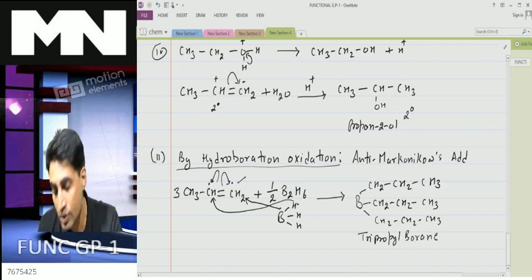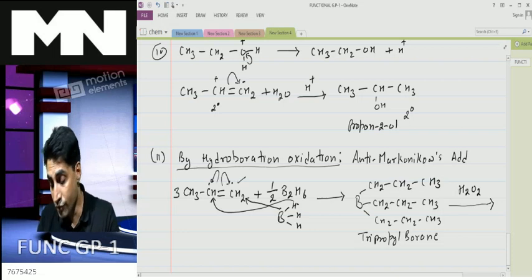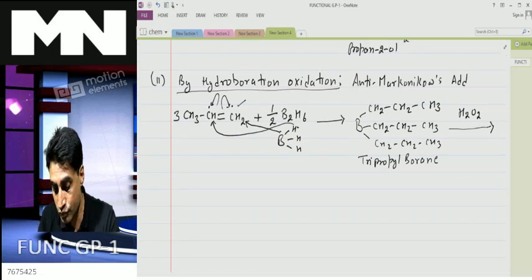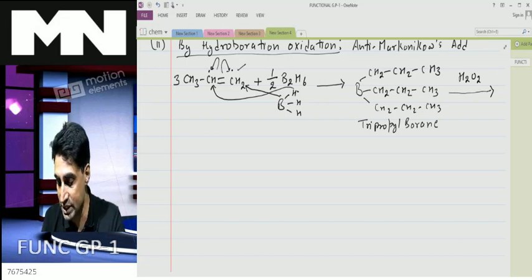borane. This compound is then reacted with hydrogen peroxide, H2O2. Before showing you that reaction, let me show you how this hydrogen peroxide reacts. What is the function of hydrogen peroxide? Hydrogen peroxide can act as an oxidizing as well as a reducing agent.